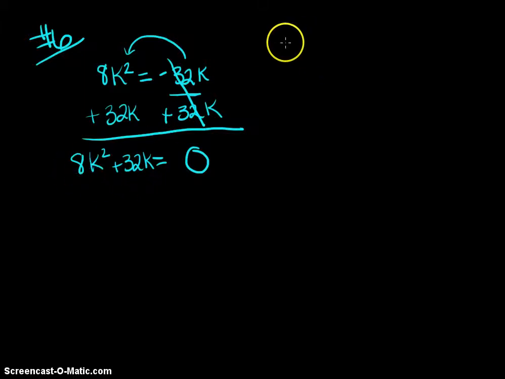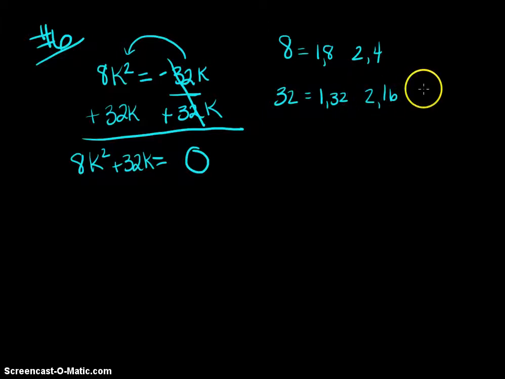Let's talk about the numbers though. For 8, we have 1 and 8, and 2 and 4 as factors. Then let's look at 32. Some factors of 32 are 1 and 32, 2 and 16, and 8 and 4.